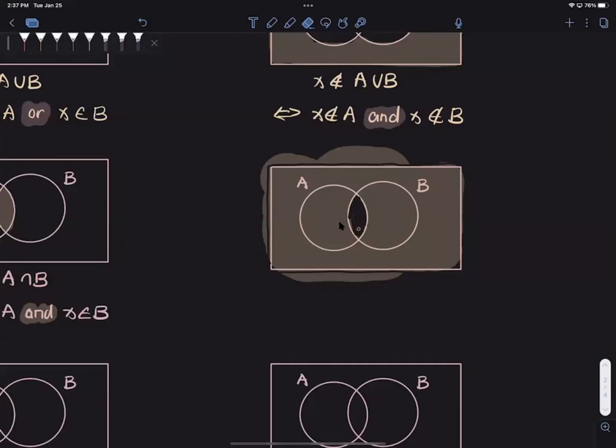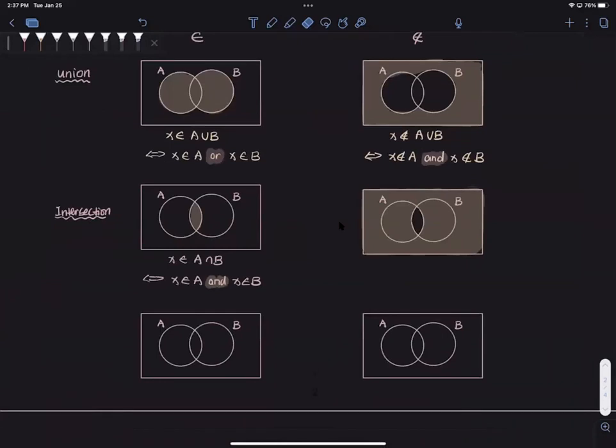We don't want it to be inside, and we don't want it to be outside of the rectangle either. So this is X is not in A intersect B. What does this mean? This means X is not in A. Is it or, and here?